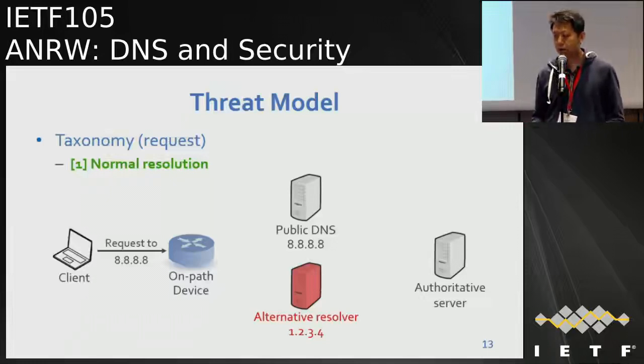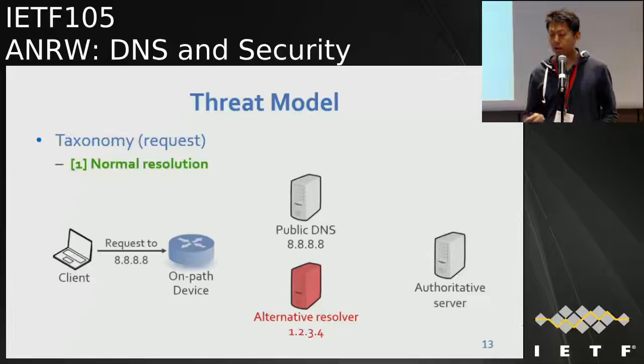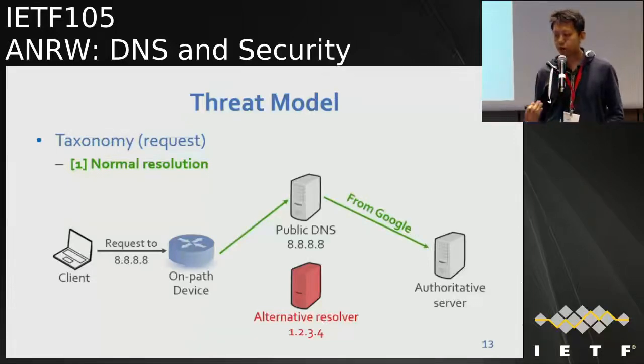And then we have an on-path device, and one alternative resolver that is likely to belong to the same owner as this on-path device. When the on-path device doesn't do anything anomalous or suspicious, it should just forward your request to the public DNS and let the public DNS handle everything.